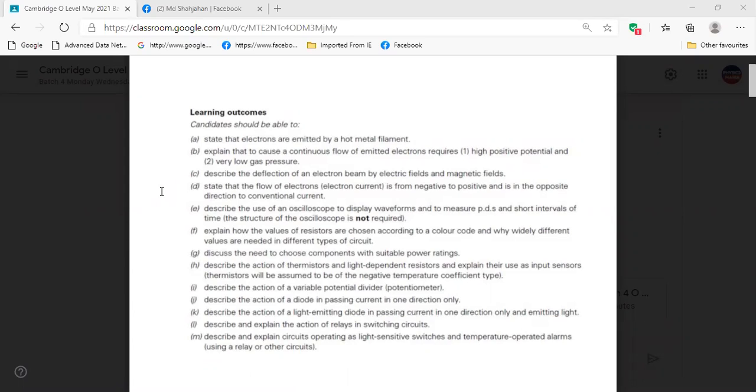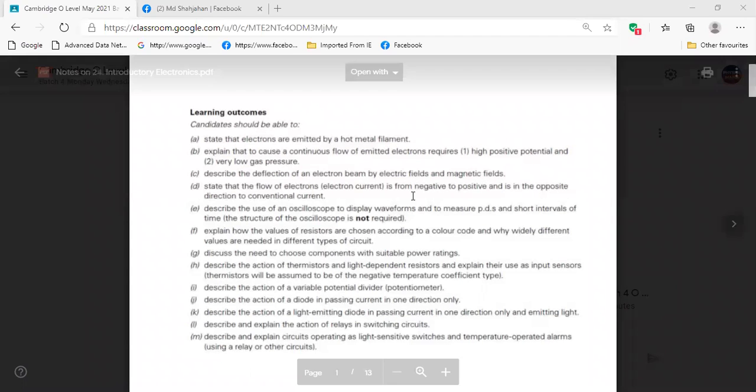Okay, so here we go. One thing that is common to us, we all know this: the flow of electrons is from negative to positive, which is in the opposite direction to conventional current.